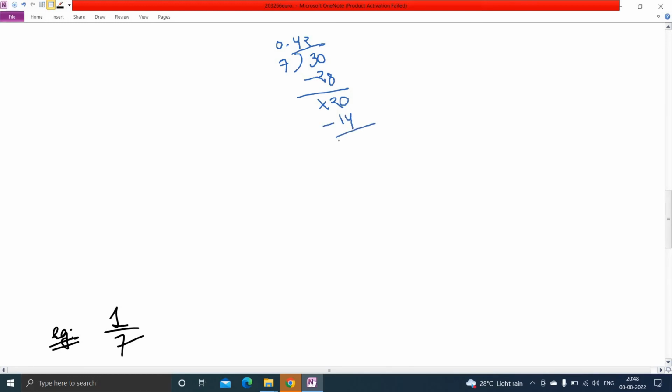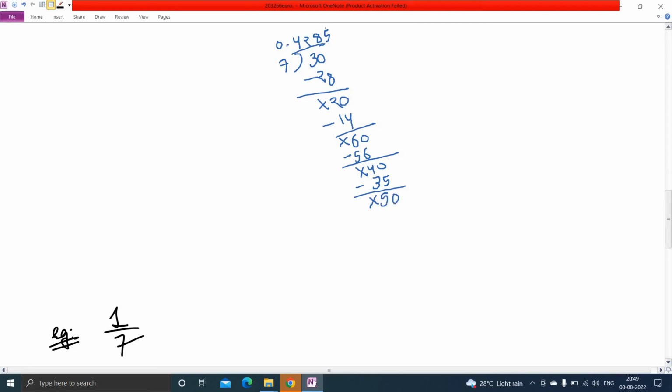We need to see if any part is repeating, so I take one more 0: 7 5s are 35, 7 7s are 49, 7 8s are 56. So 56 will come here, then 4 will come, and I put the 0 again. Then 7 5s are 35, and 5 will remain here. I put the 0 again.